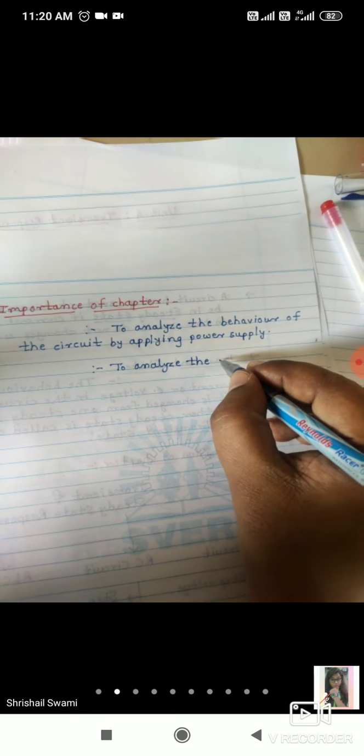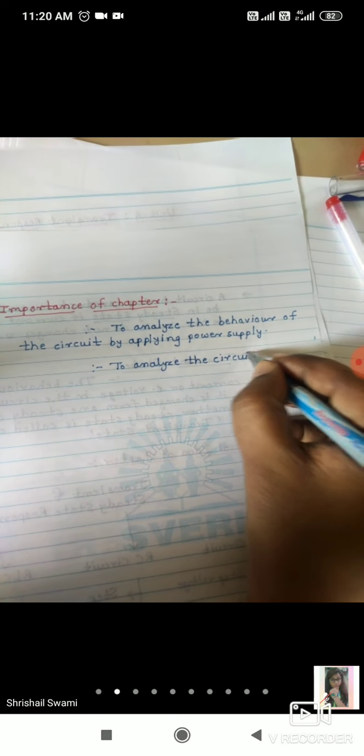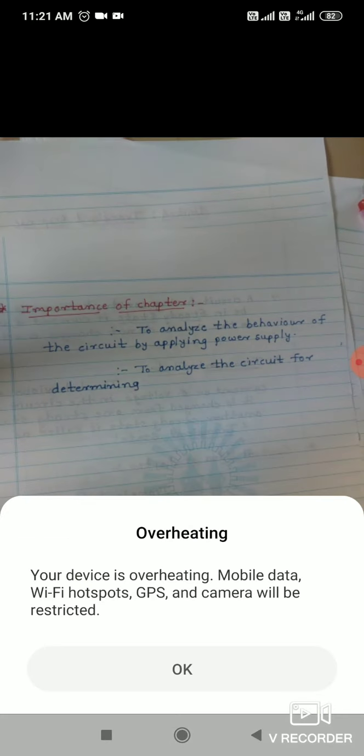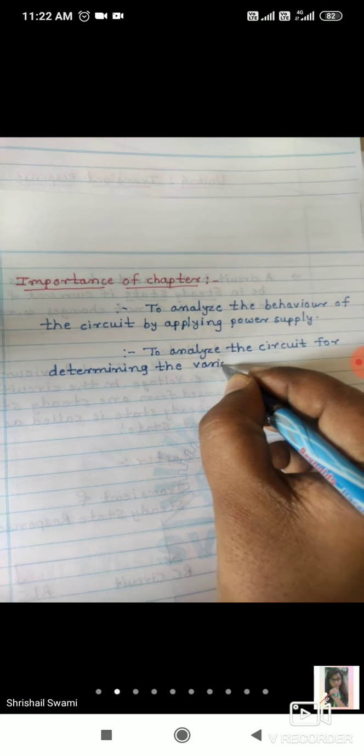So we can say, to analyze the circuit for determining the various responses in the circuit.